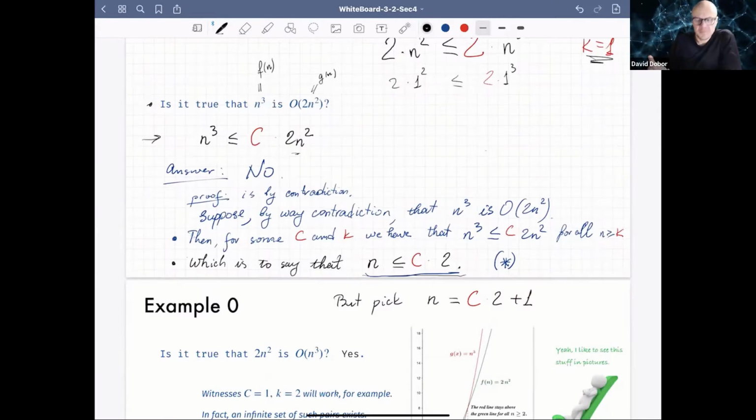This n violates the star inequality. This n makes the inequality false, right?